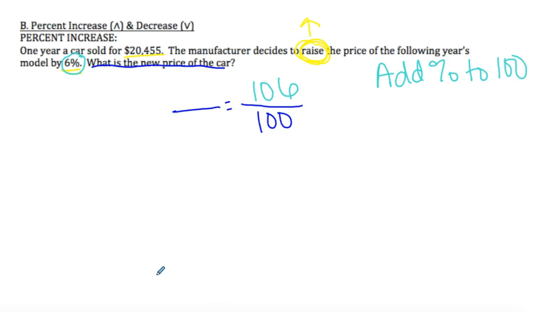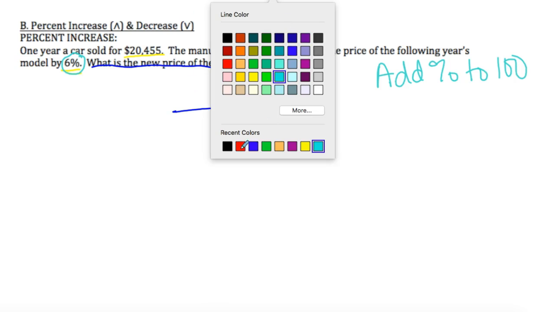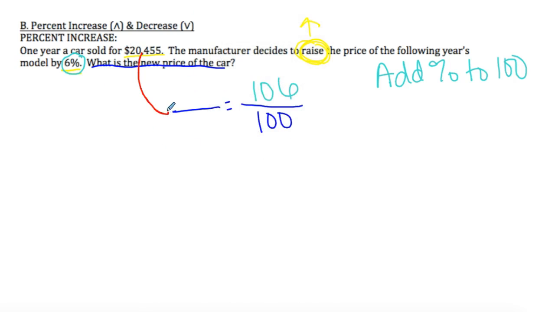When I'm trying to figure out my new price, I'm going to put my original here, okay? So my original price goes down below. So this is where my original goes, right there. So once I get my proportion set up, just like before, I fill in what's left with x, and now I'm going to cross multiply.